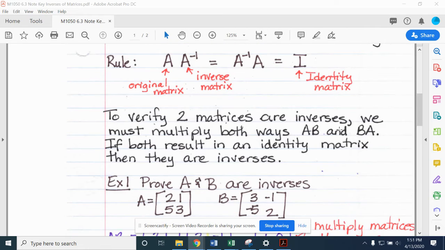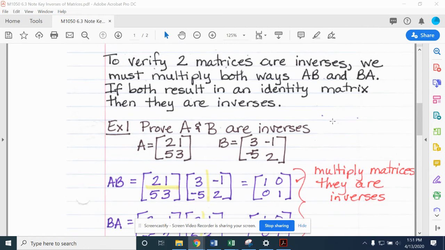Well, we're doing the same thing with inverses. When we need to verify that two matrices are inverses, we need to multiply both ways. So AB and then BA. If both result in an identity matrix, then they are inverses. Just like our functions from before, f of x and g of x, we did it as a composite. We put the g inside the f and got x, and then we put the f inside g and got x, the variable of x.